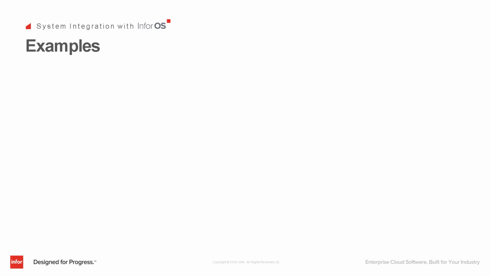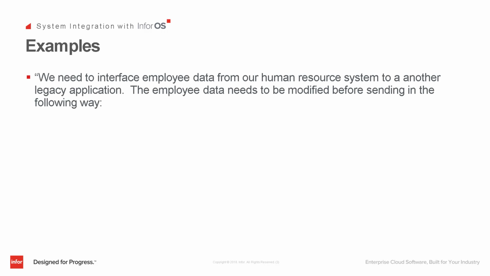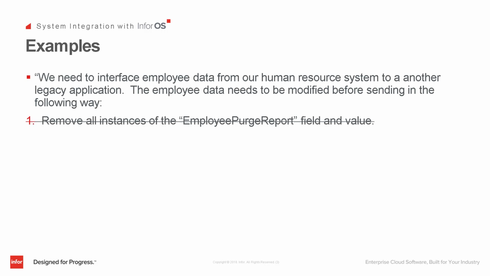Now to give a little more information about the examples that you're about to see in the demonstration. In the previous video, we came up with the hypothetical situation of retrieving some data from the Infor human resource application via an API call, and in that JSON data set, we needed to remove all instances of a certain field.